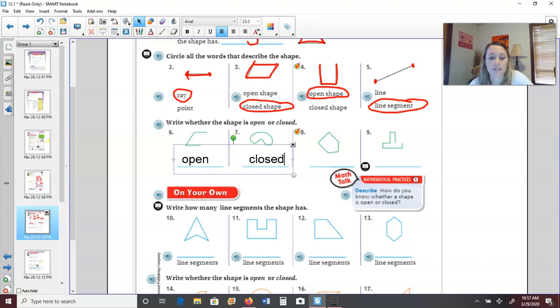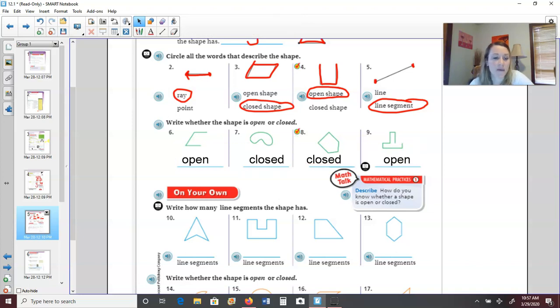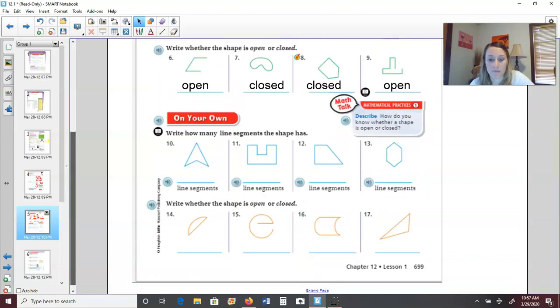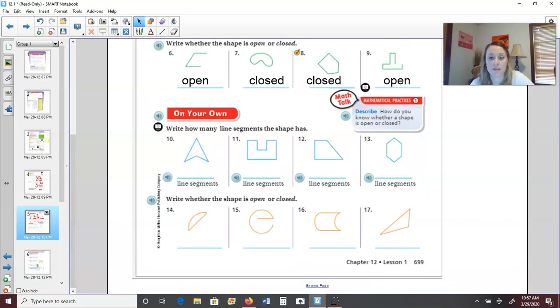It has curved sides, but it does connect, and so we would call it a closed shape. Number 8 is also a closed shape because it connects. It starts and ends at the same point. And number 9 is an open plane figure because there's that one little piece that's missing. So that would be open. Pretty simple so far, right, boys and girls?